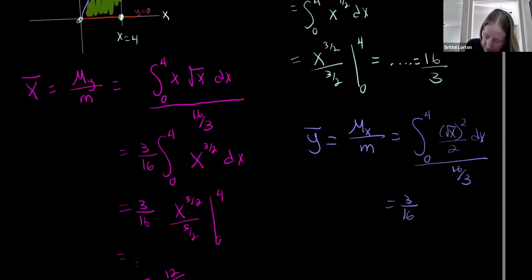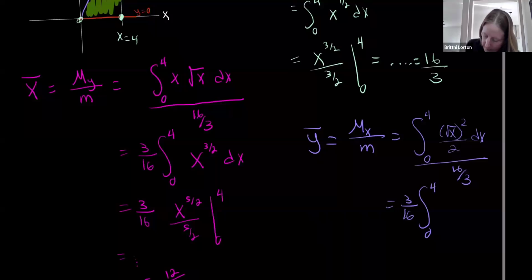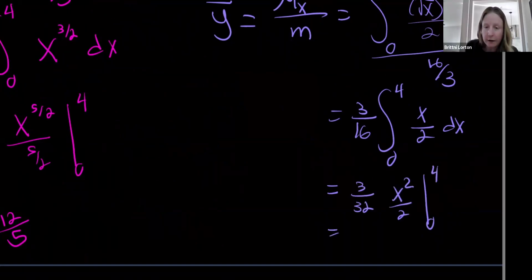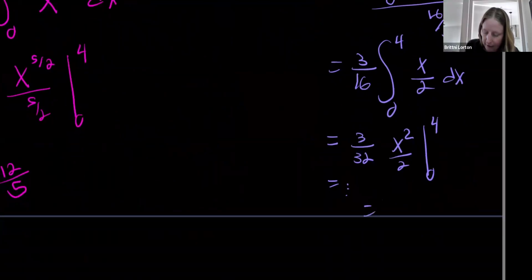So 3 over 16, the integral from 0 to 4 of x over 2 dx. And so then this is going to become a pretty easy integral that would become 3 over 32, and then x squared over 2 evaluated from 0 to 4, etc., etc. Here I got 3/4. Cool.